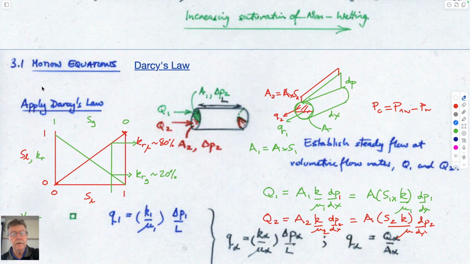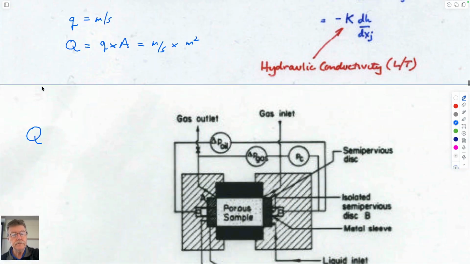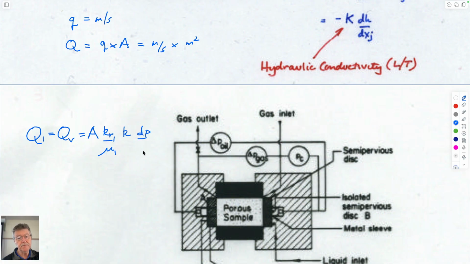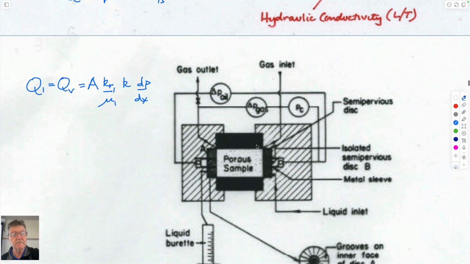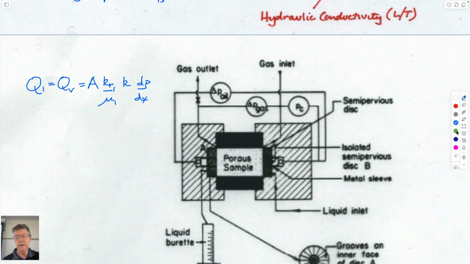Liquid 1, Q1 is equal to Q vapor, which is equal to cross-sectional area of our core, total area of our core, multiplied by the relative permeability for fluid 1, the viscosity for fluid 1, and the permeability, multiplied by dP dx. So let's forget everything we said before about this, just because it's not convenient for us to realize that.